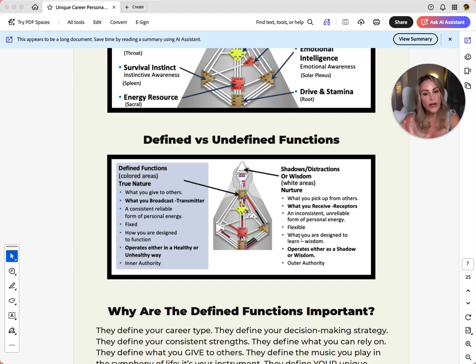And where our conditioning comes in is in our open centers or our open functions, where we've been our whole life conditioned to try to be this not-self version of ourselves, to try to be a better not-self version of this openness that we have.